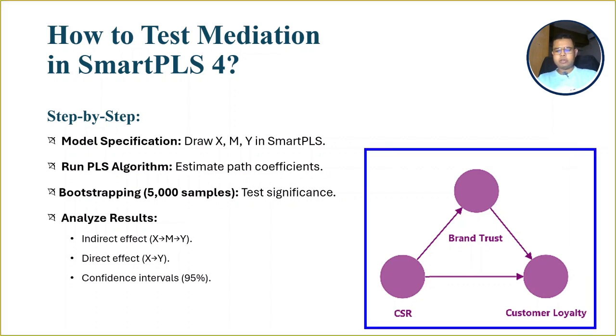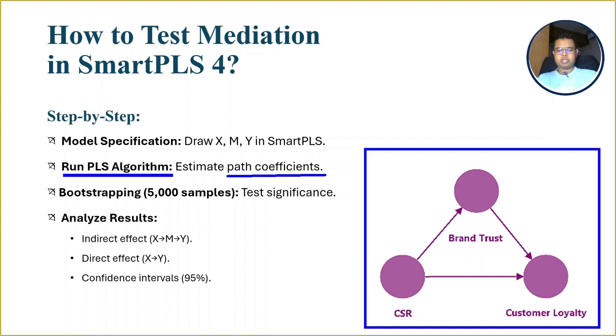First, model specification: draw X, M, Y, the independent, dependent, and mediating variables in SmartPLS. Run the PLS algorithm and estimate the path coefficients. Once again, you need to first estimate the path coefficients. And finally, when you test the hypotheses, test significance with bootstrapping using 5,000 samples.